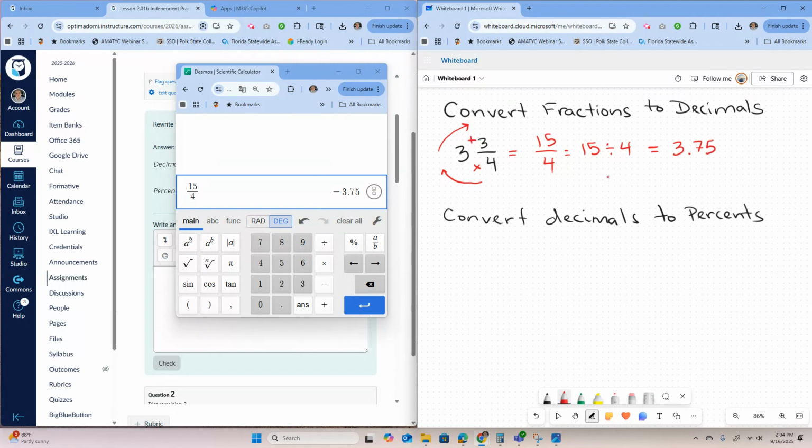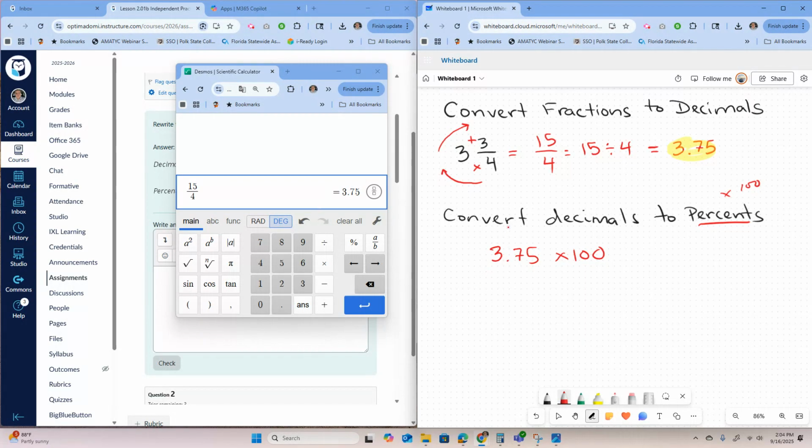Now they're asking me to take this same number, the 3 and 3/4, and make it a percent. So I'm going to take my decimal answer, 3.75, and multiply the decimal by 100. The word percent means times 100.